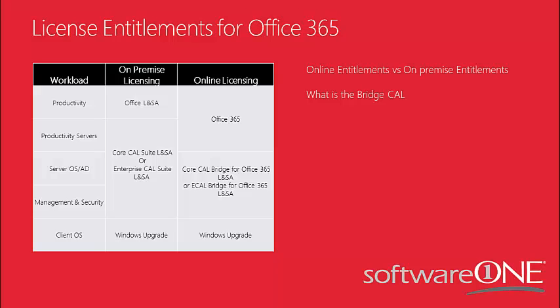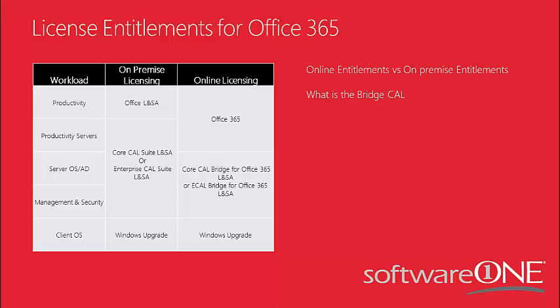A lot of the stuff is in the core CAL or the enterprise CAL. When you move to Office 365, you're also gaining the additional right to use on-premise technology. So you do not need a core CAL or some of the components of the core CAL because you're getting that entitlement from your Office 365 subscription.